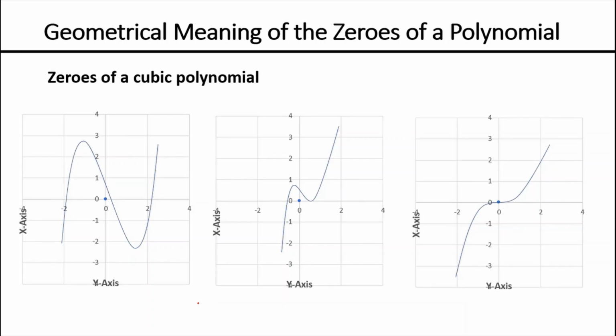In line with our learning of linear and quadratic polynomial, we can see that the graph of a cubic polynomial can either intersect the x-axis at three different points or two different points, or there is a scenario where this cubic polynomial is intersecting the x-axis at only one point. From these graphs we can see that a cubic polynomial can have at max three zeros.